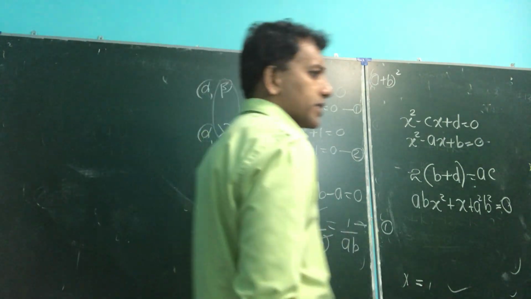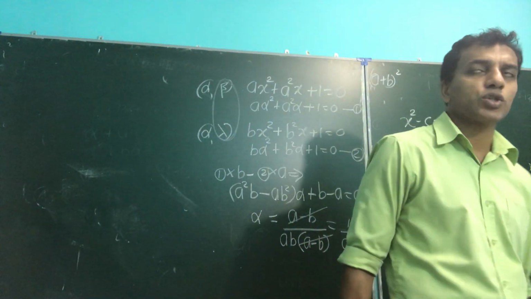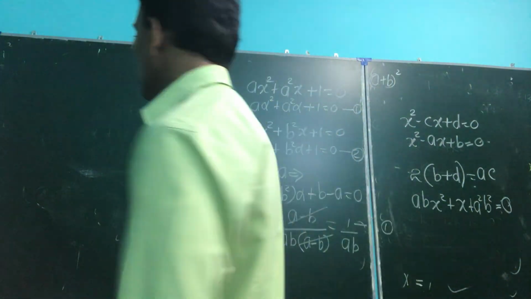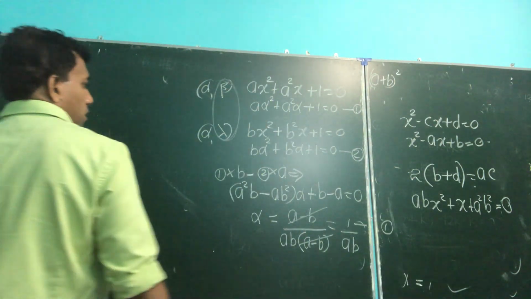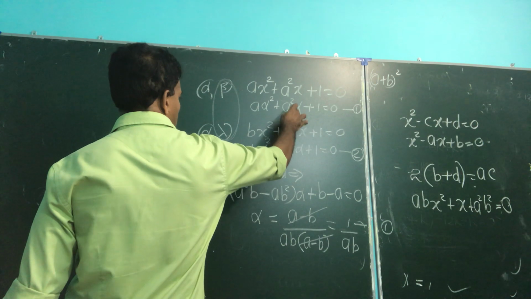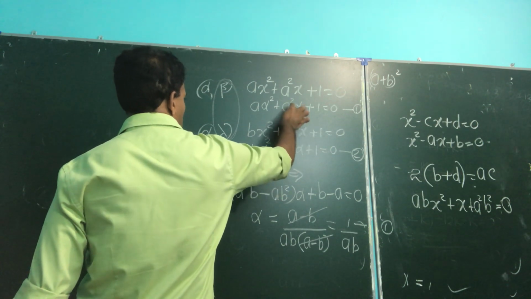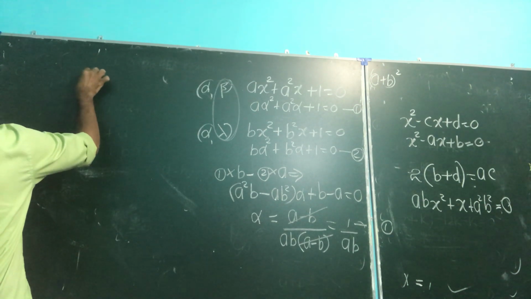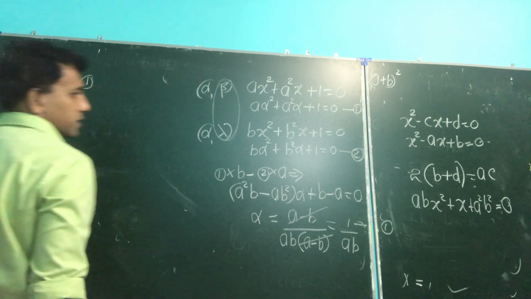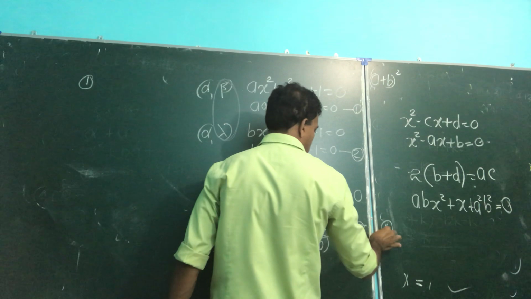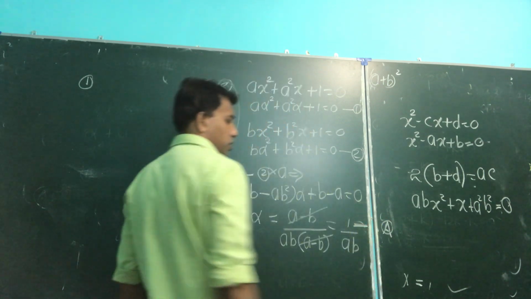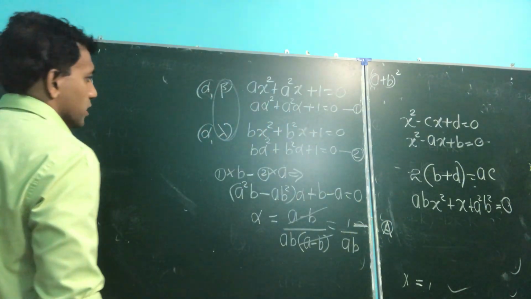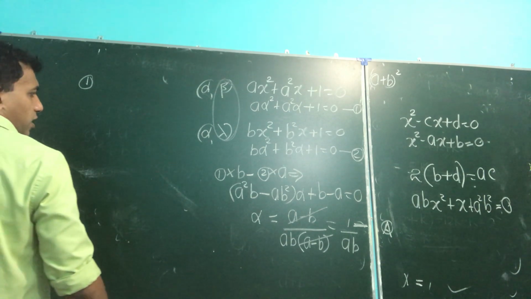Then better you find the next one also, alpha square. Remove the alpha, find alpha square. Multiply B square, multiply A square, no? First equation, so I say equation A. First equation, remove the alpha.